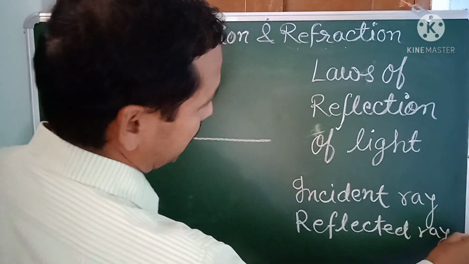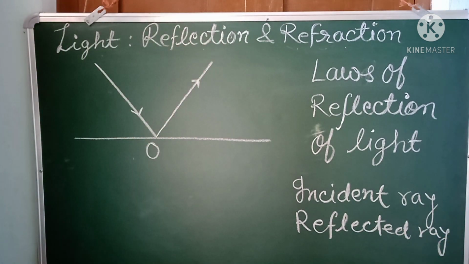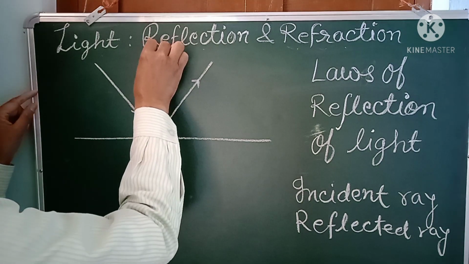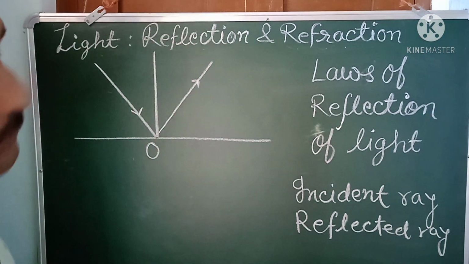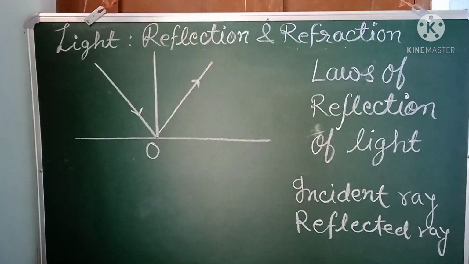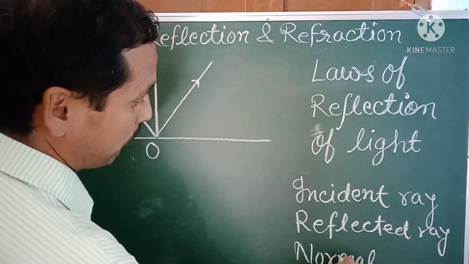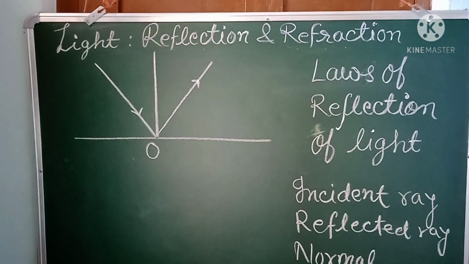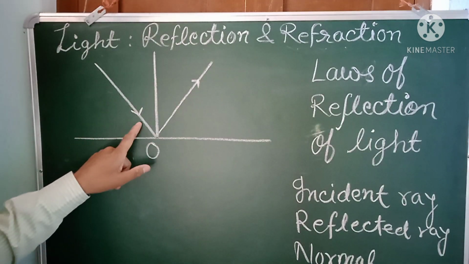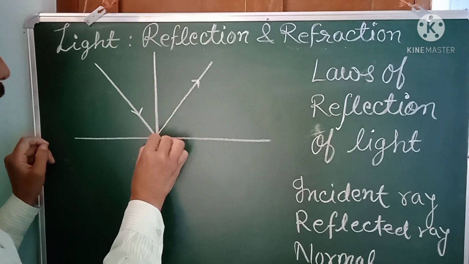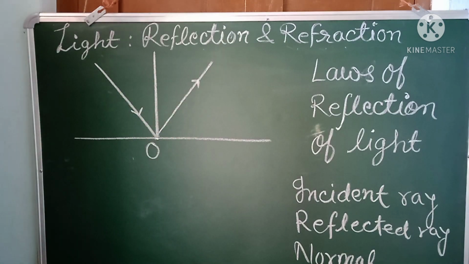And we draw a normal, a perpendicular to the bright surface at the point of incidence, which is called the normal. So we have the incident ray, reflected ray, normal, and the point of incidence.